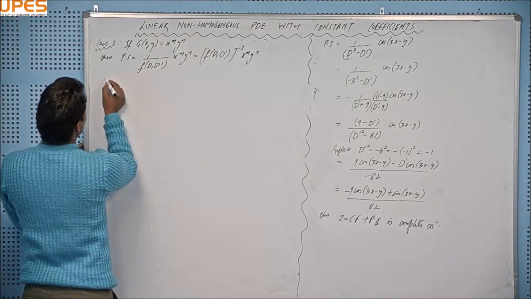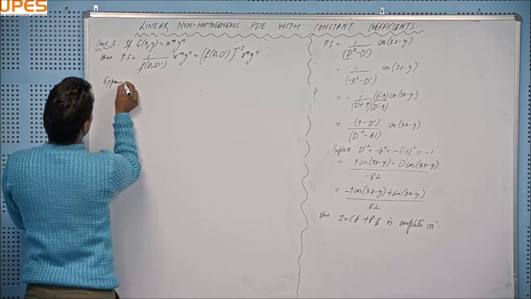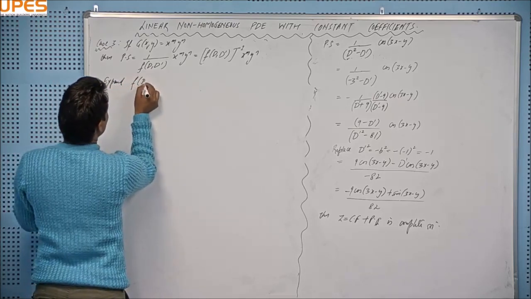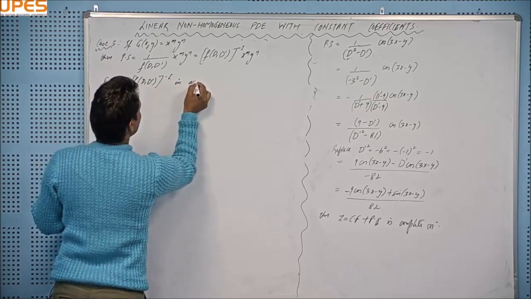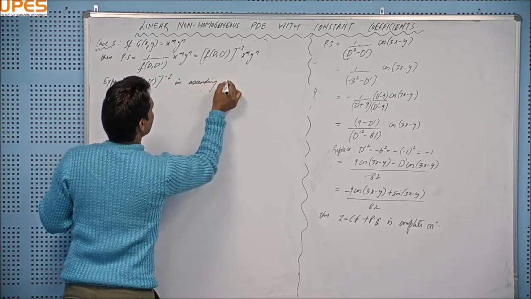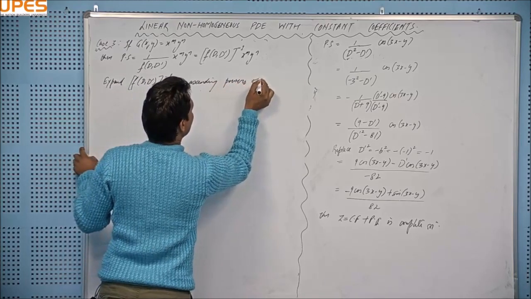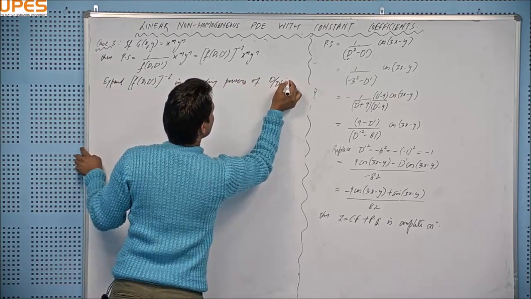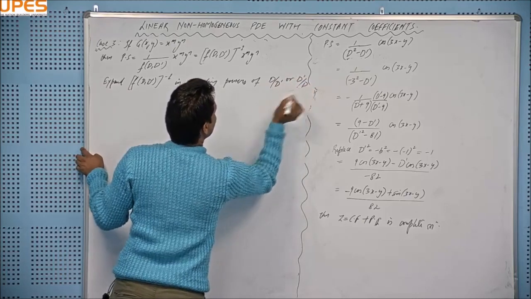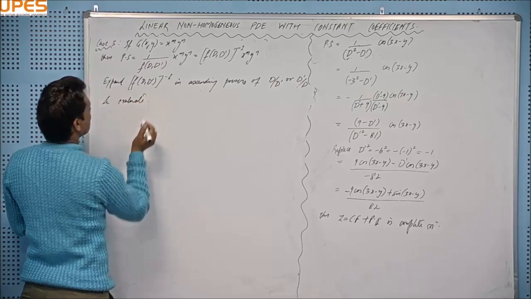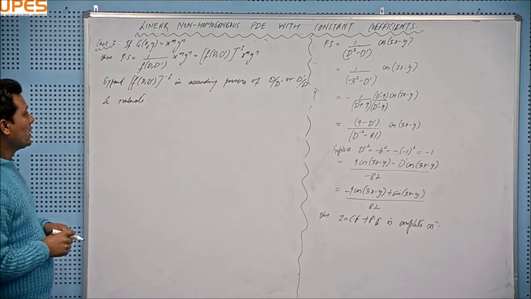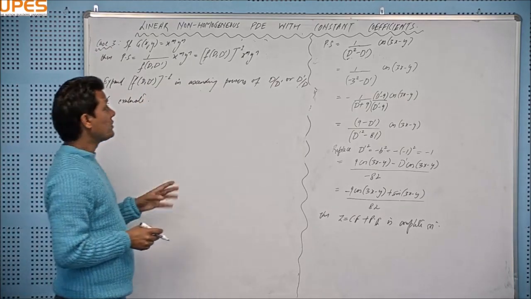Expand f(D, D dash) whole to the power minus 1 in ascending powers of D over D dash or D dash over D, and evaluate.